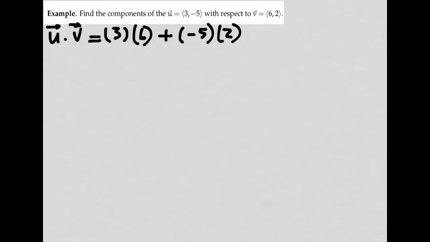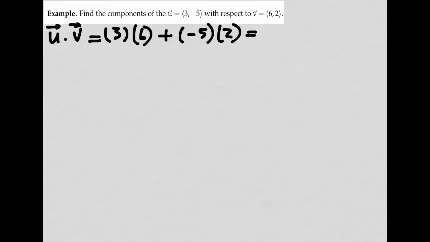Find the components of the vector u, 3, minus 5, with respect to the vector v, 6, 2. Let's compute the dot product first. u dot v is equal to 3 times 6 plus minus 5 times 2.